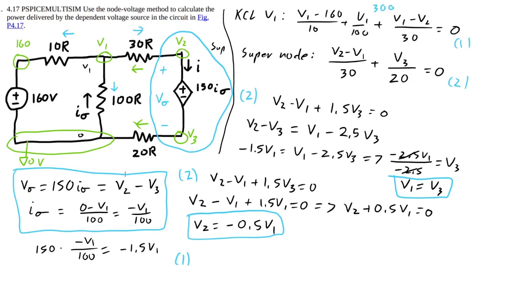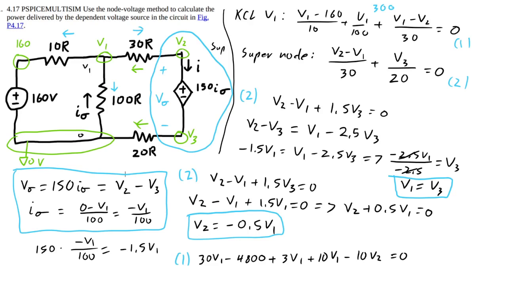All right, so that's going to make 300 over 10, so 30 V1 minus 30 times 160, so 4,800, plus 3 V1, which is 300 over 100, and then plus 10 V1 minus 10 V2, all equals 0.